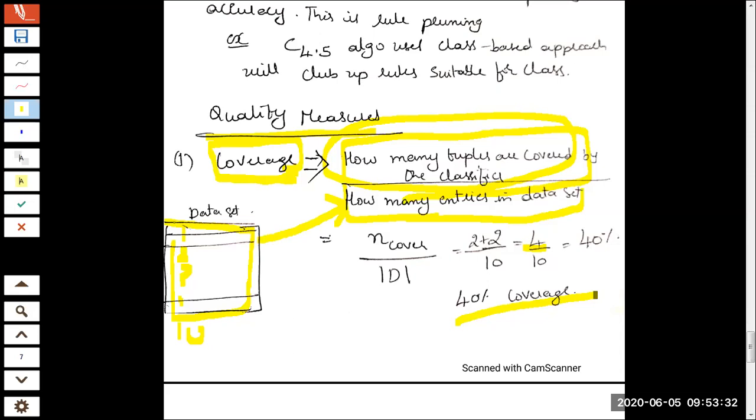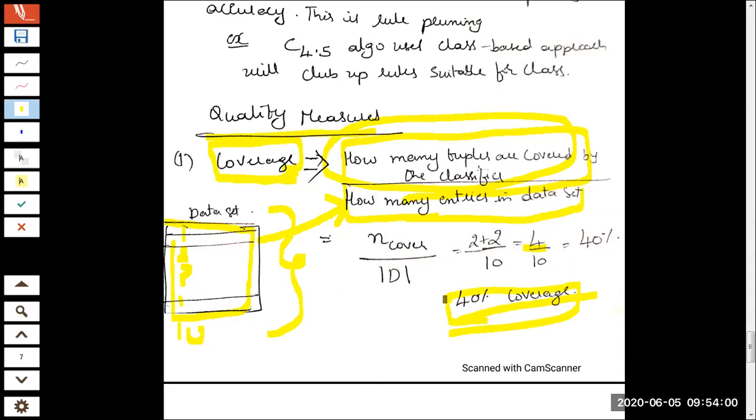In this specific example, you can see my classifier is only identifying 4 records from the 10 records, meaning that it can identify that 4 records belong to these specific classes, and in remaining 6 cases, it is failing. So it is 40% accuracy.